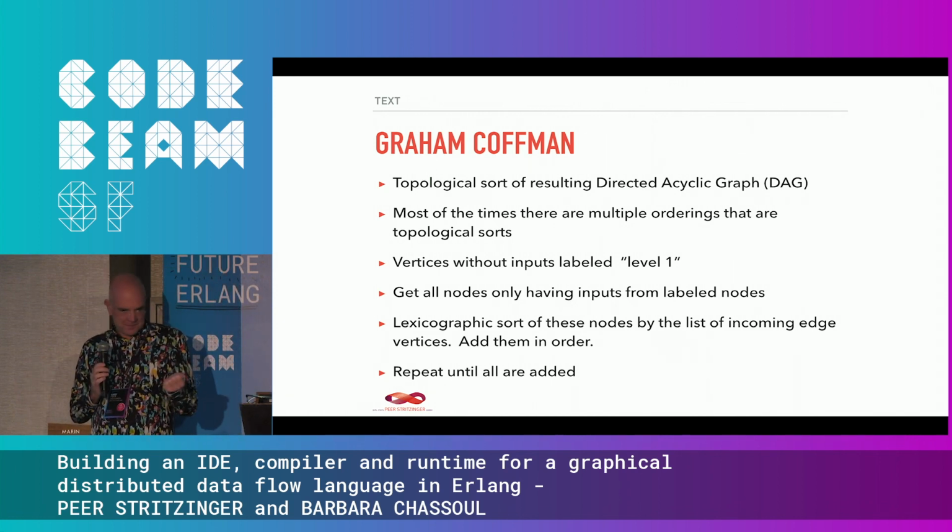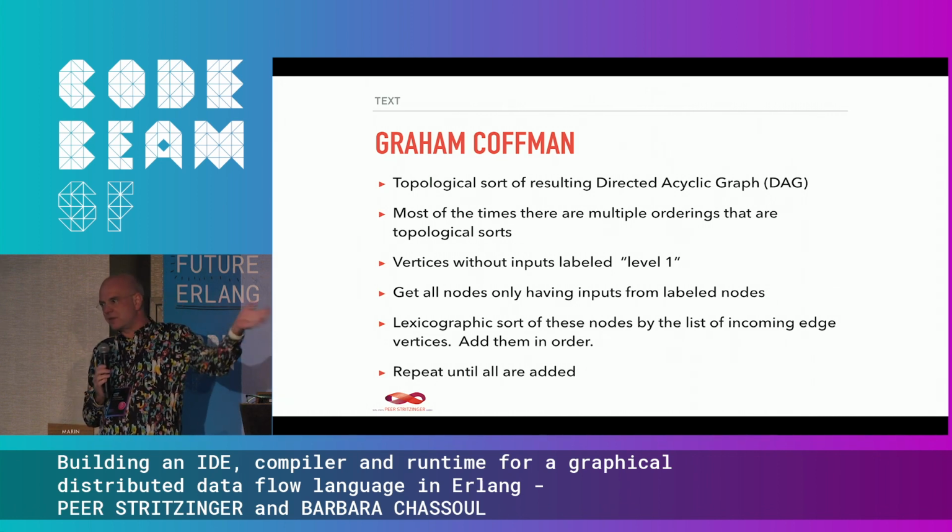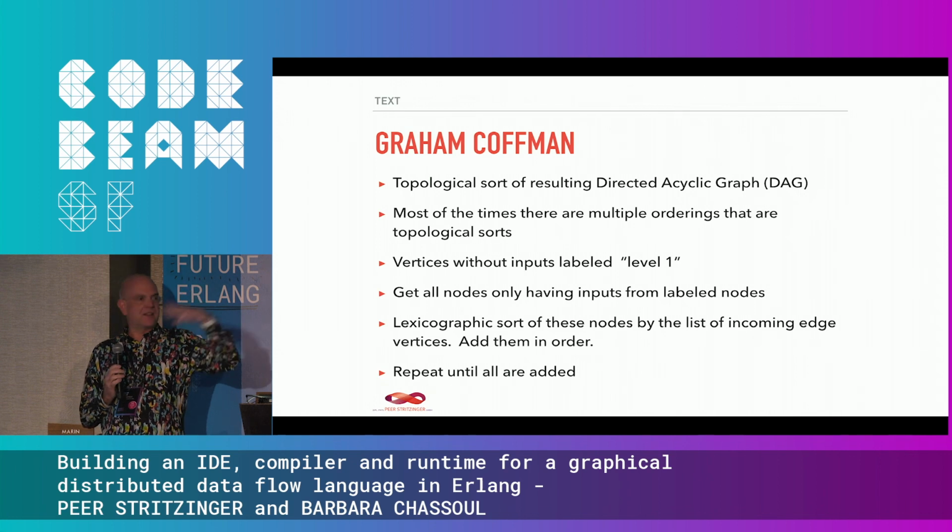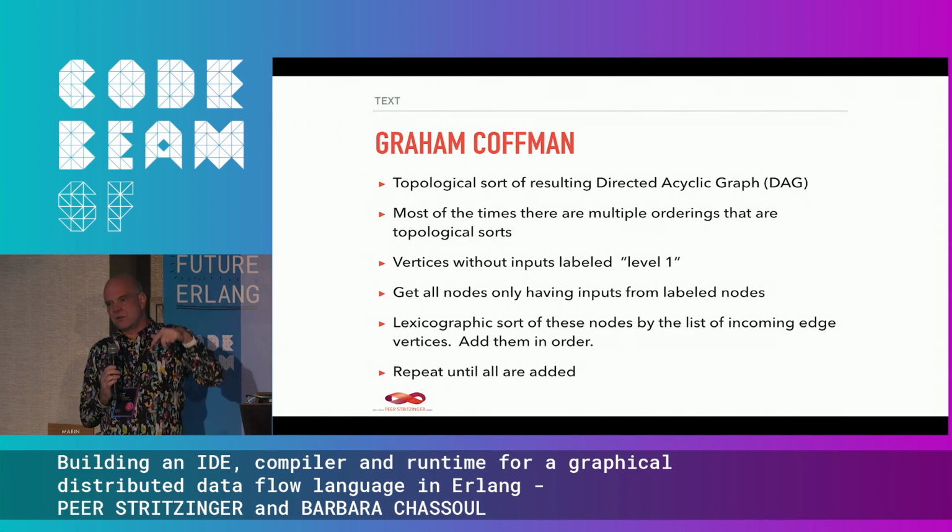Basically, you start with all the nodes that don't have any input, because they need to go left. And then you figure out all the nodes whose whole input set, all incoming arrows, come from other nodes that already have a number, which you already labeled, because that needs to be the next layer.